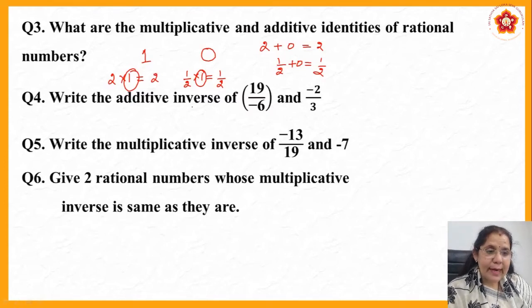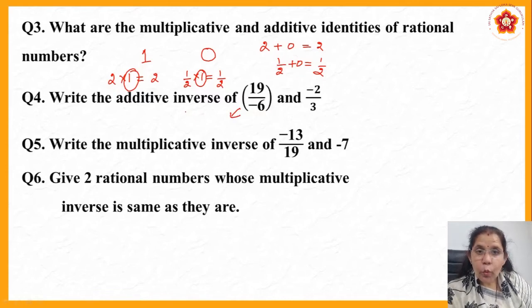Question 4 is, write the additive inverse of 19 upon minus 6 and minus 2 upon 3. Just try to recall what the additive inverse is. Additive inverse of 19 upon minus 6. What should you add to it so that the answer is 0? You just have to write down the negative of this number.